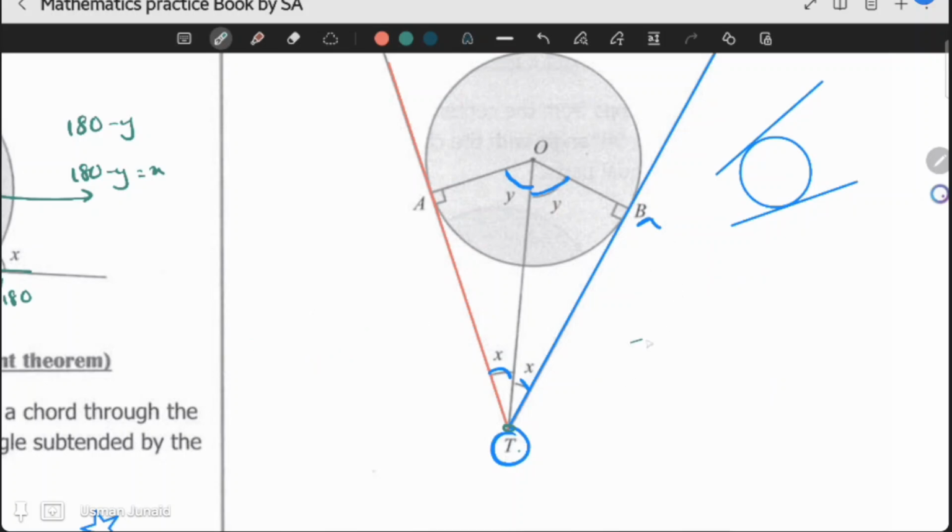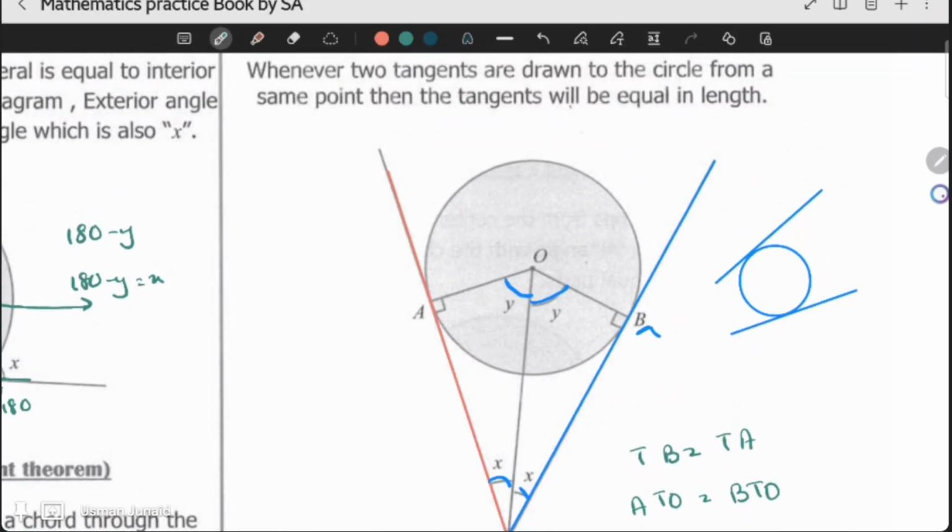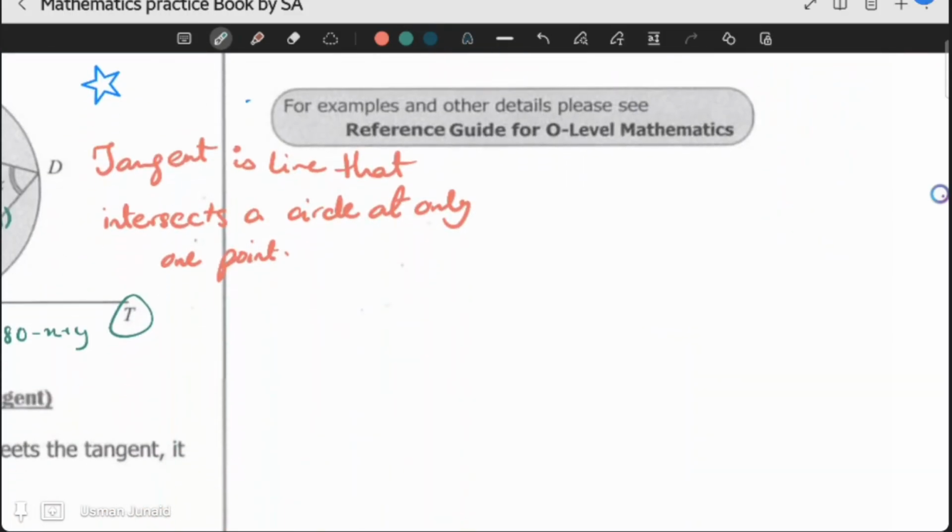So if this is a point T, so TB is equal to TA, and angle ATO is equal to angle BTO.